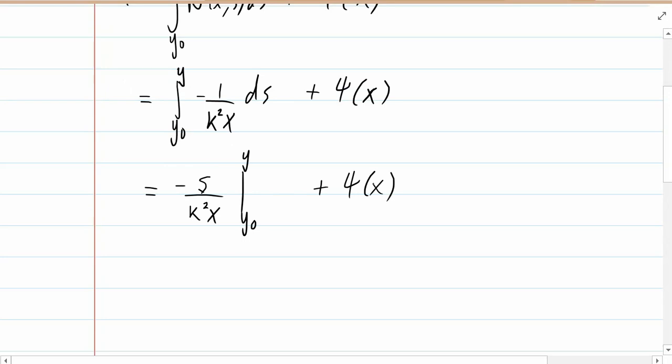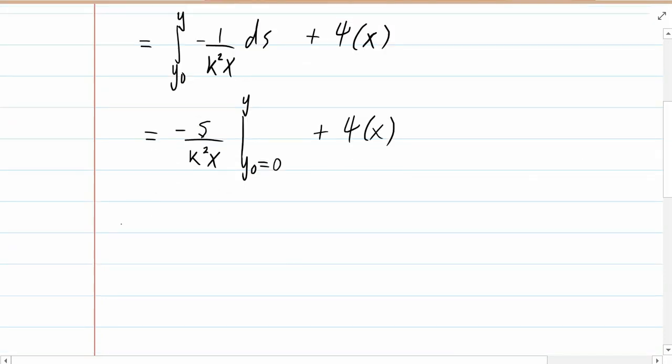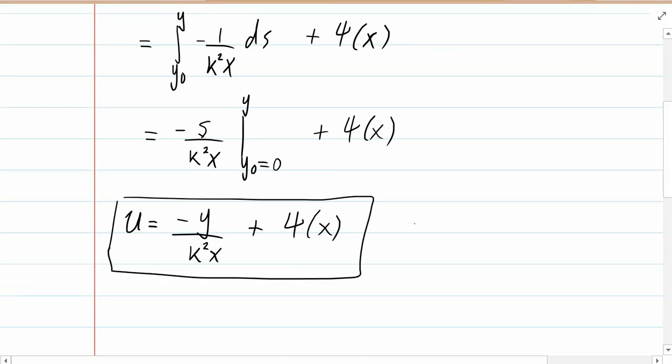I need to think about a value of y naught that will be useful. And since we only have one term in s and it is on the numerator, I can make y naught equal to 0, and I will make that term go away. So I have then that function u is equal to negative y over k squared x plus a function entirely of x, and I want to call this one equation 5.